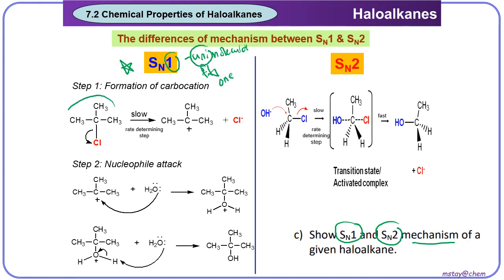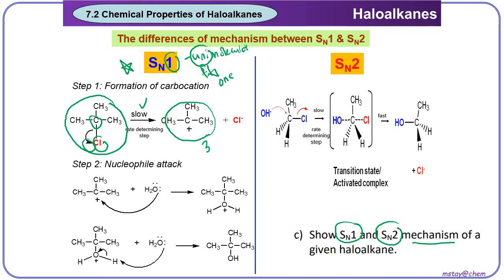So you can see over here there is one molecule as the reactant in step 1, and this step is the slow step. The bond between carbon and chlorine will break heterolytically because chlorine is more electronegative, and then it will form a carbocation ion.